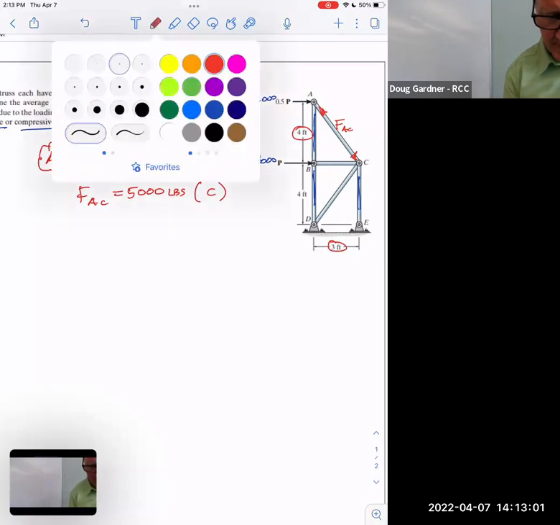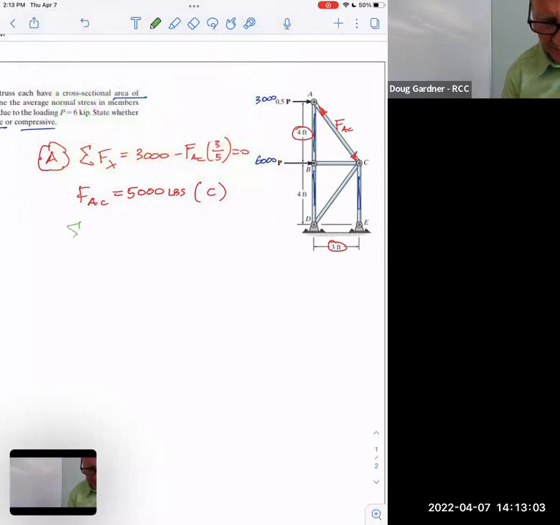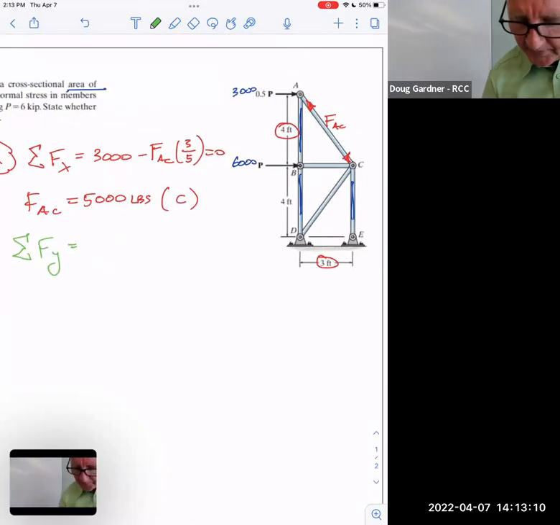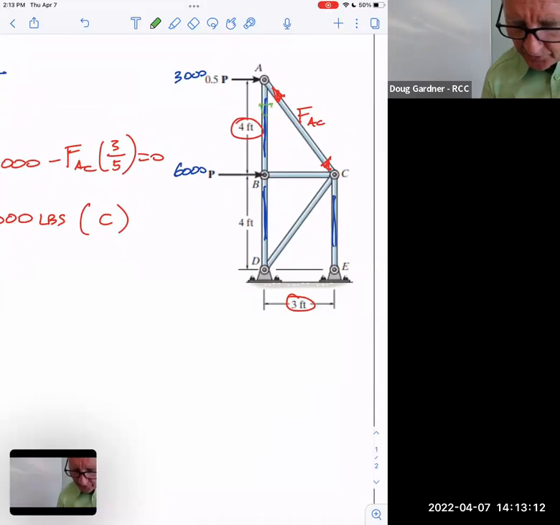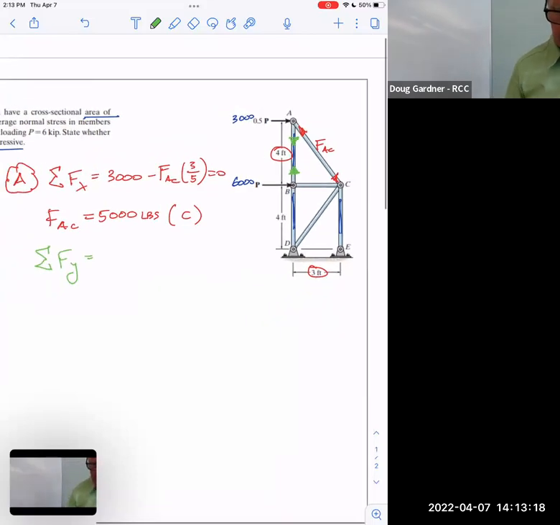Of course, that would mean I'd have to switch to the sum of the forces in the Y direction. Since AC is pushing up, this has no choice but to pull down, which it has to do on both sides. So force of AC is positive, but 4/5 of it is actually going up, and I'm going to replace that with 5,000 pounds.